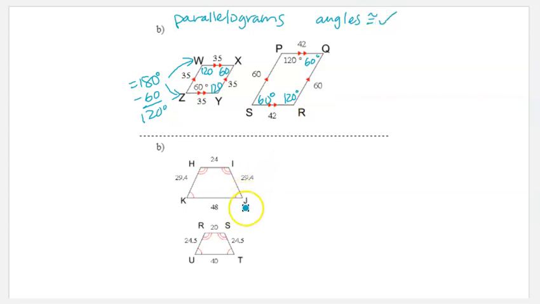So check. Next, I want to check if sides are proportional. So I'm going to go in with my ratios. For example, WX corresponds to PQ. So I would do WX of 35 divided by PQ of 42.